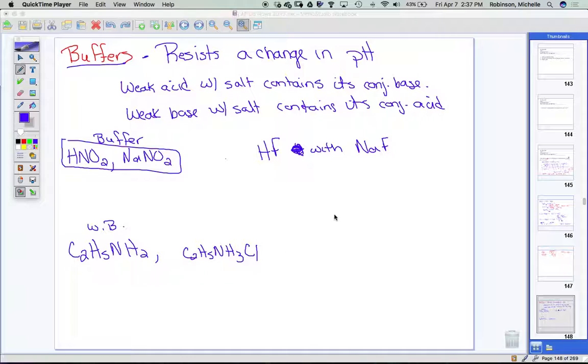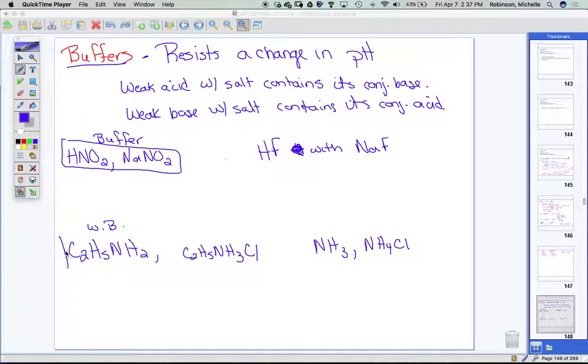But now let's do another weak base one. Give me another weak base. What's the most common one we use? NH3 is the weak base. So what would be a salt that had its conjugate acid in it?